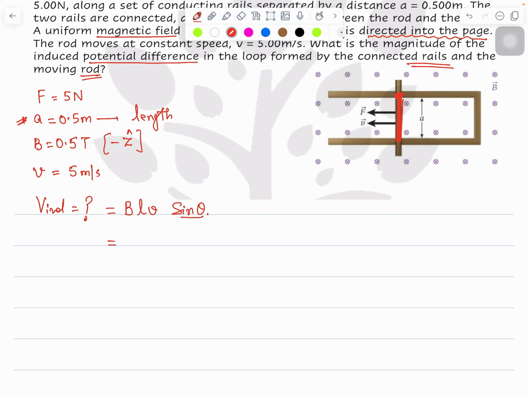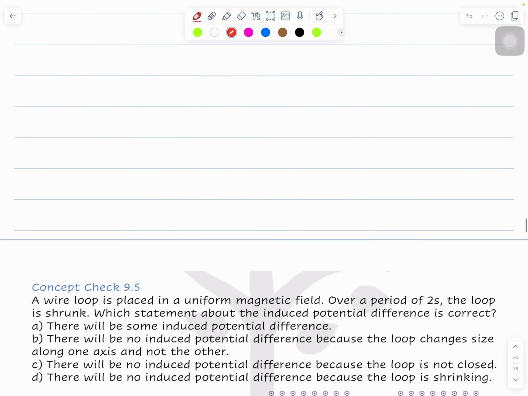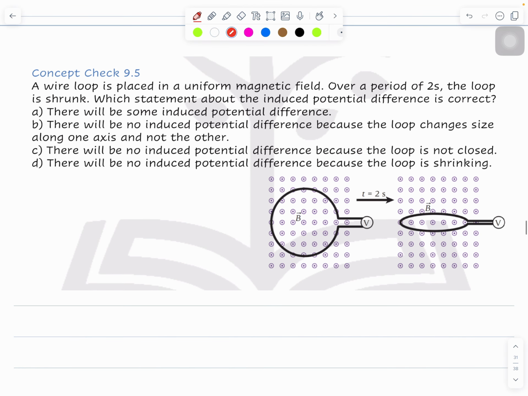So B is 0.5, the length is 0.5, and the velocity is 5. Solve them and you will get 1.25 volt. Easy. That is your V induced. Fine. Now move to the next question.